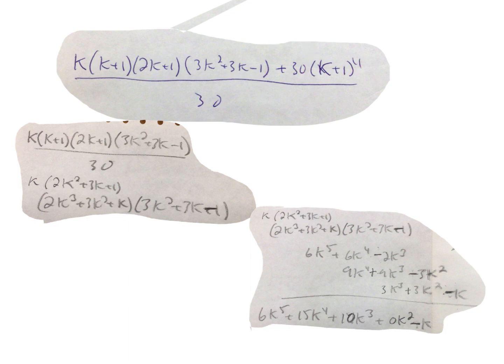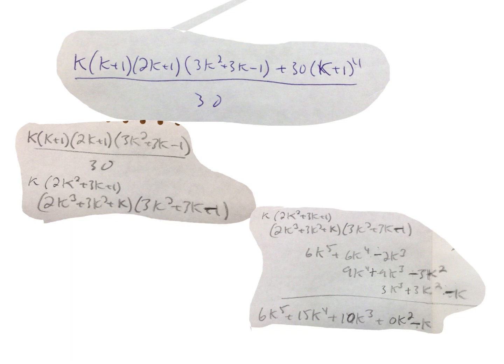And now I've got to expand this numerator and get it to look like the right-hand side. So as I said, I'm just focusing on this part of it, and actually I'm not even worrying about the 30 at this point. So what I did is I foiled those two terms and got that. Then I distributed the k through and got that. And now I've got to multiply these two trinomials.